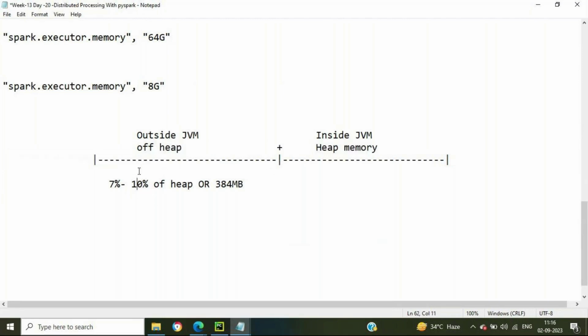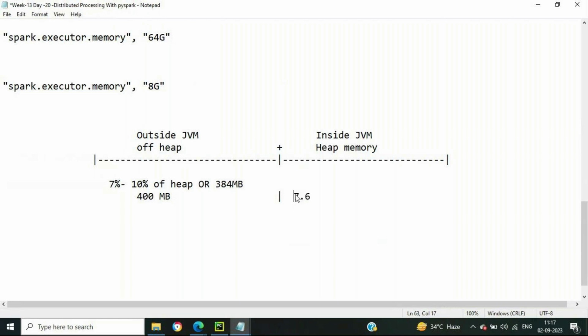By default, it will be 384 megabytes. Now, if we have 8 GB and say 400 MB is given to off-heap memory for the calculation, then around 7.6 GB will be remaining for heap memory.